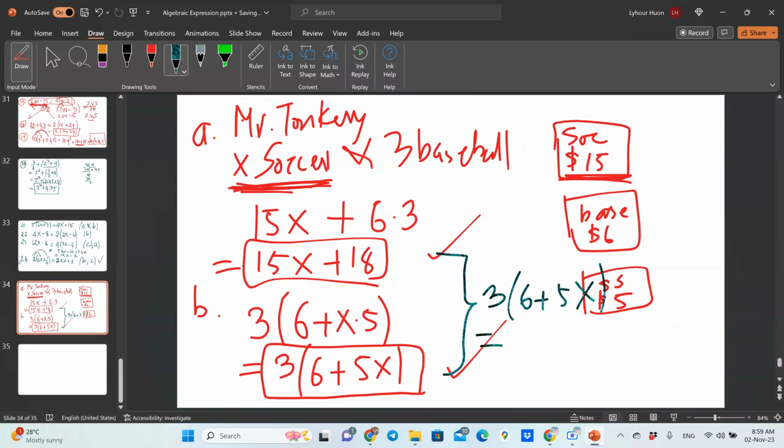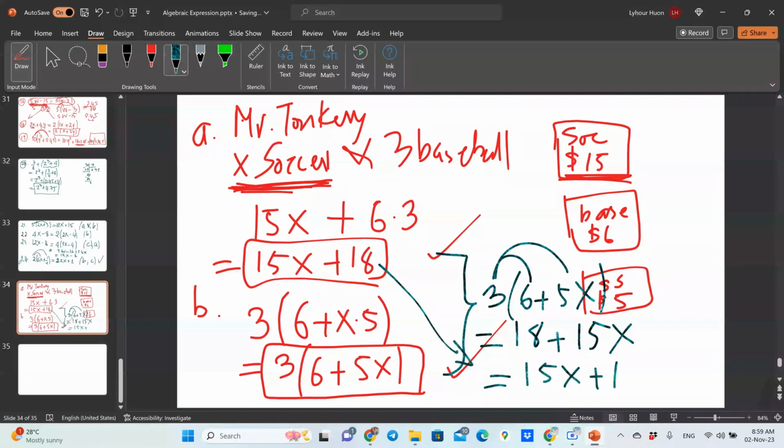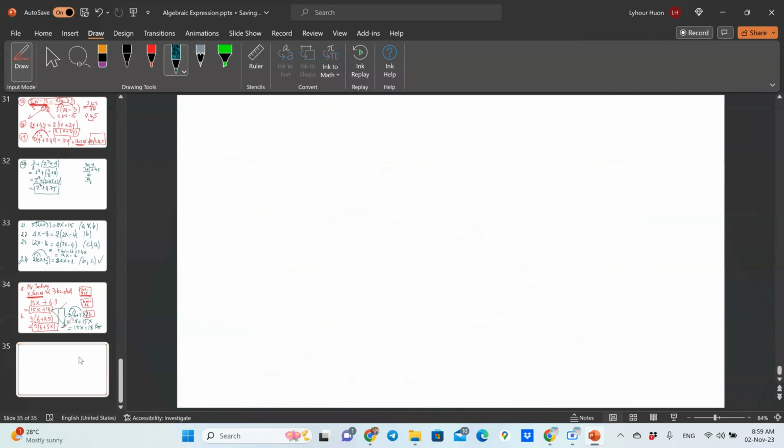When we distribute, three times six is 18, plus 3 times 5 is 15x. So this is equal to A, which is 15x plus 18, right? So these are equivalent expressions. Yes.